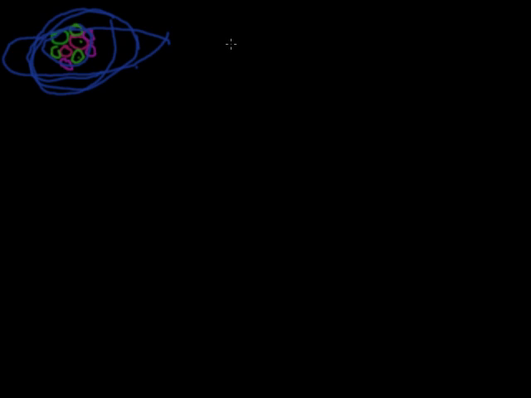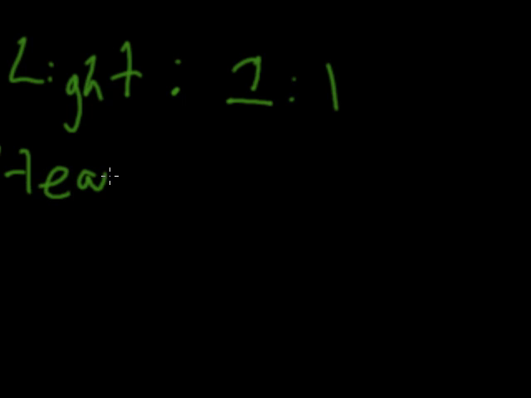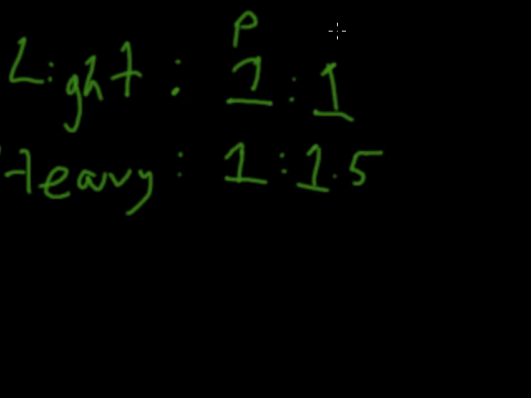The basic rule of thumb is that for light elements, the ratio of protons to neutrons is 1 to 1, and for heavy elements, the ratio is 1 to 1.5. So that's protons, and neutrons.